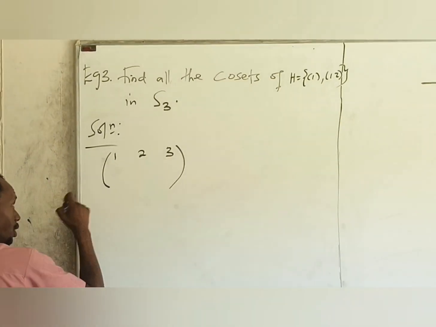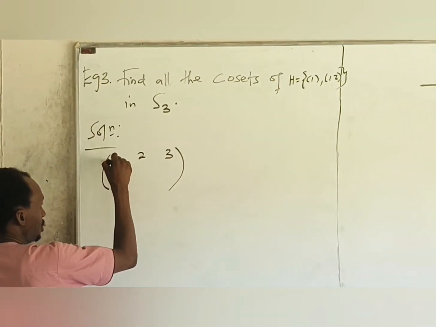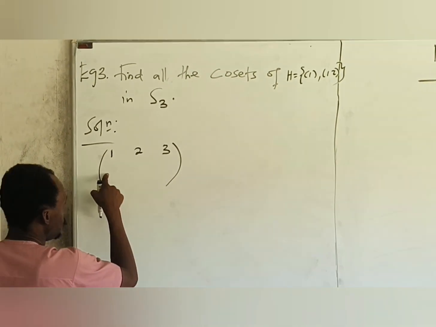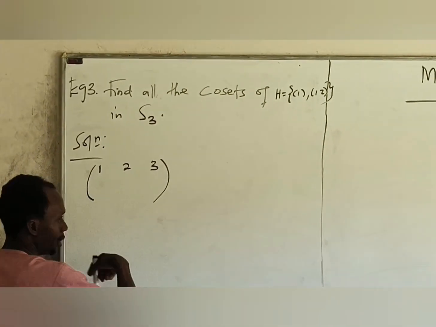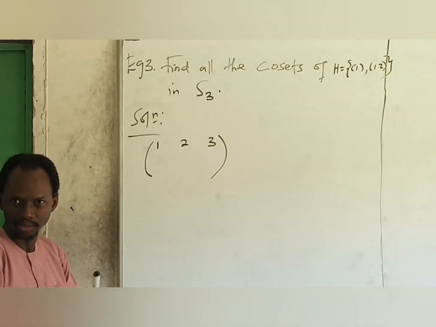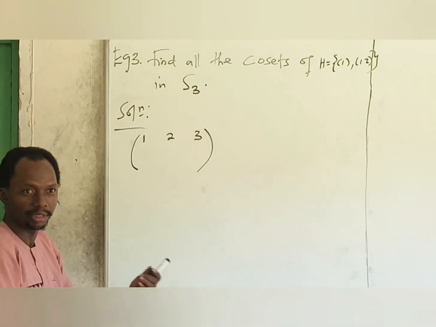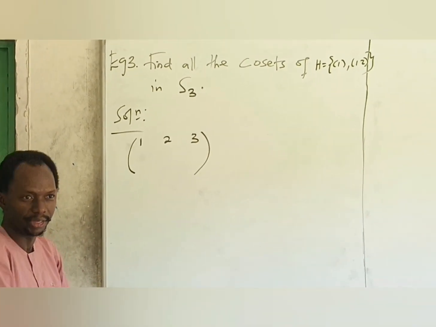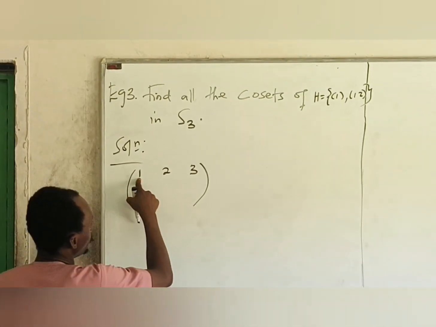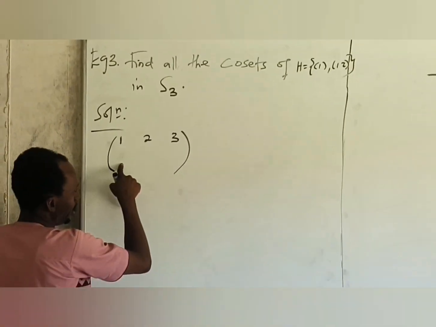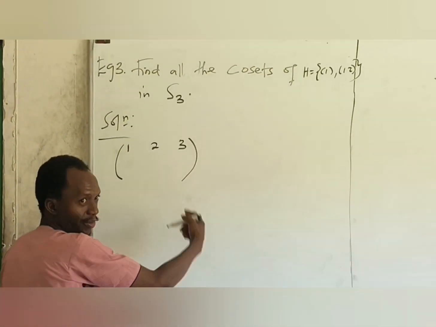So 1, 2, 3. We know permutations. How many ways are you able to arrange these numbers under permutation? Do you understand? Permutation. You are rearranging things. So we are going to rearrange this 1, 2, 3 under themselves and see how many times we can do that.